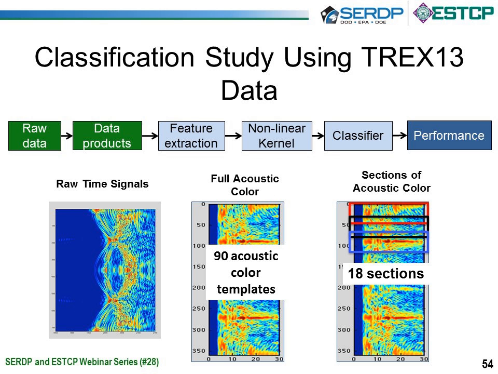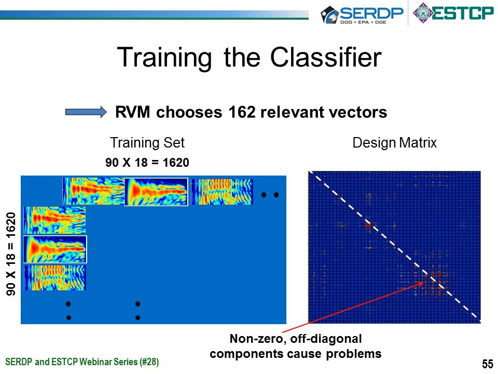Okay, so let's take these 90 acoustic color templates, which have been divided into 18 sections, and those are going to be our data products. So we have a total of 1,620 data products at our disposal for our training set. Again, we take each one of those and compare it to itself and all others.